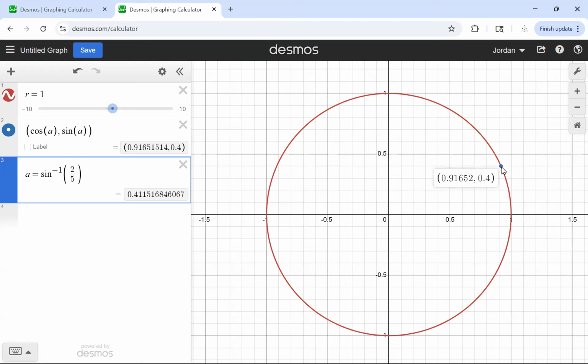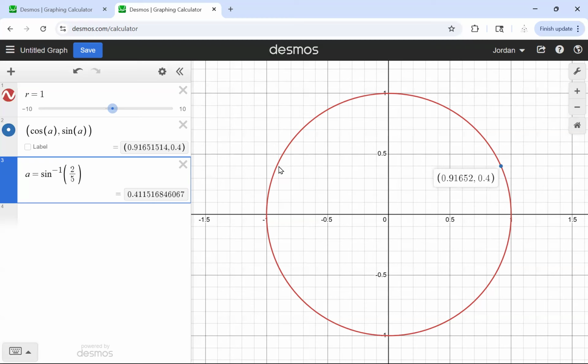The other point that has the same y value or the same sine is going to be this point over here, about right here, which I can find by taking pi and then minus the angle that I just found. So the angle is about 0.4115 radians, and it gives me a sine value of 2/5 or 0.4.